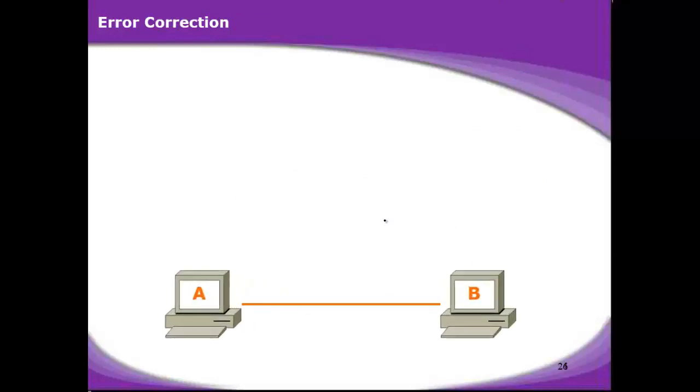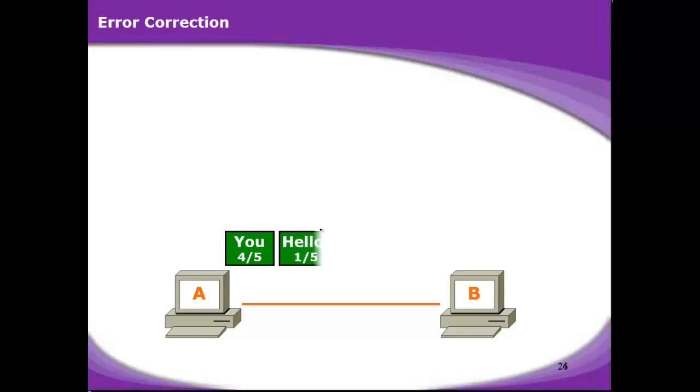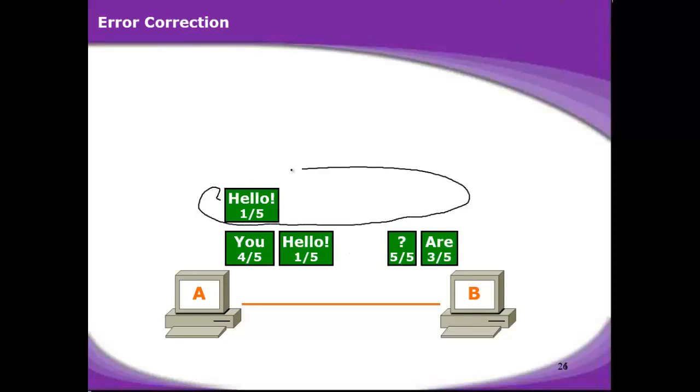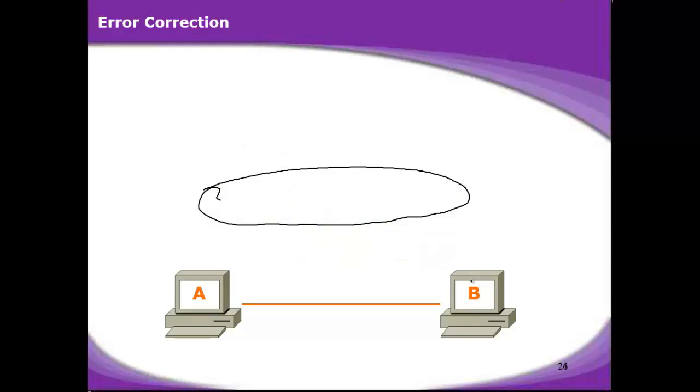So the error correction function of the transport layer is that, let's say you have these 5 segments to be sent to the destination, but when you are sending, one segment is lost. At the receiving side, the destination B comes to know that one segment is missing. Then it may request the source transport layer, saying that I did not receive that particular segment.